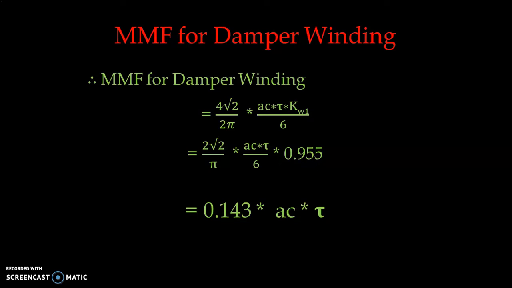Ultimately we have calculated this through the equation, that is 0.143 times AC tau. Now the remaining design is very simple, and based on this magnetomotive force to be generated by the damper bar or damper winding, we can do the further designing.